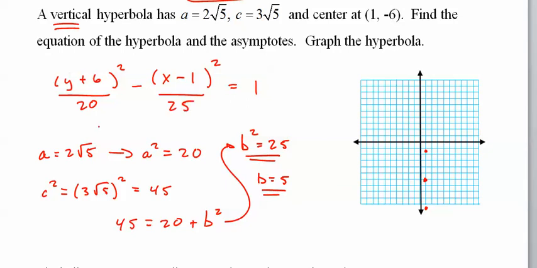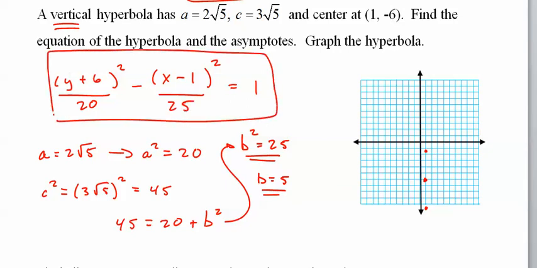So 25 here, there's my equation. Left and right, 1, 2, 3, 4, 5. 1, 2, 3, 4, 5. Make the box. Connect the diagonals.